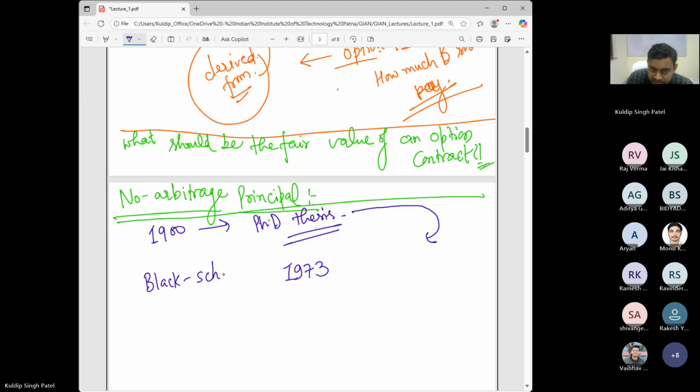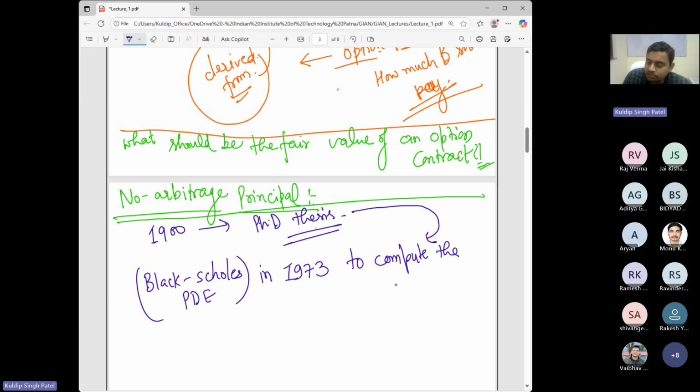Black-Scholes model. There were two mathematicians, Fischer Black and Myron Scholes. They gave one partial differential equation in 1973 to compute the option price. To understand that, I have skipped the literature from 1900 to 1973.